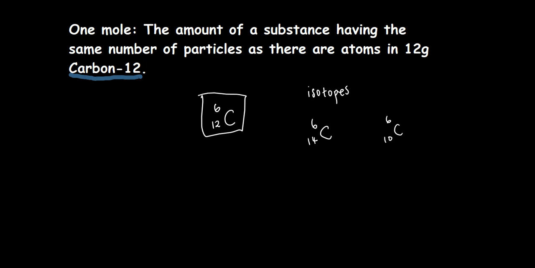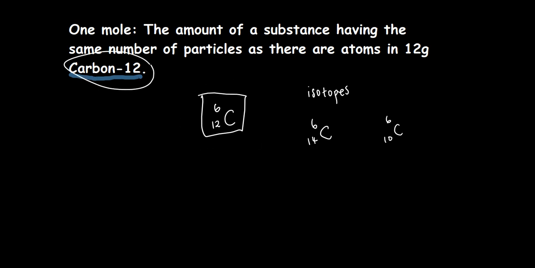If you change the number of protons, that's when you change the atom. It may no longer be carbon. If you put 5 here, it's no longer going to be carbon. You understand? It's now going to be boron, because boron is the one with 5 protons. So what we can only change is the mass number due to the number of neutrons, and it will still remain as carbon. So therefore we are specific that we are referring to carbon 12.